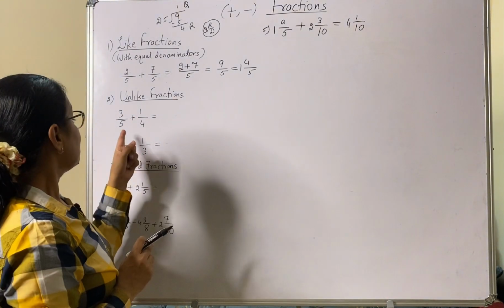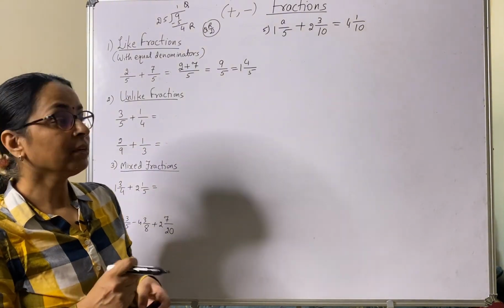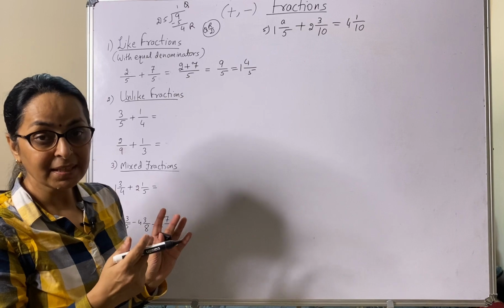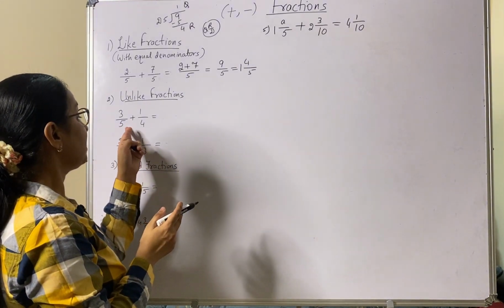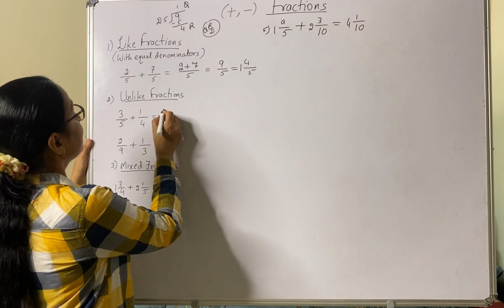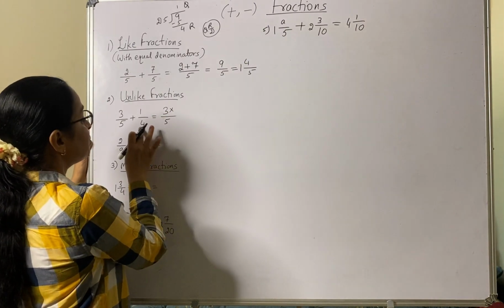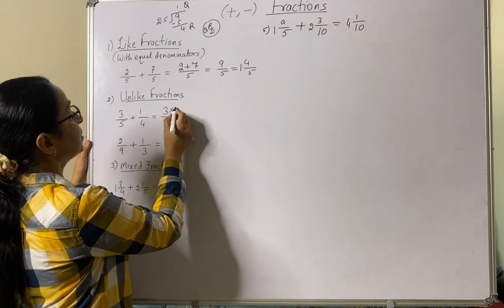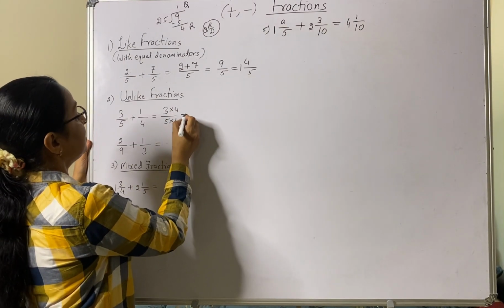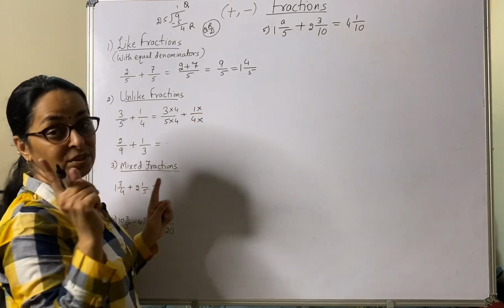Okay, so 5 is a prime number. Okay, so if I try to take LCM, anyhow I will have to multiply 5 by 4 only. So what I will be doing is, I will be simply multiplying my first fraction by this denominator, which is 4. Okay, and the second fraction 1 by 4 I will multiply by what?